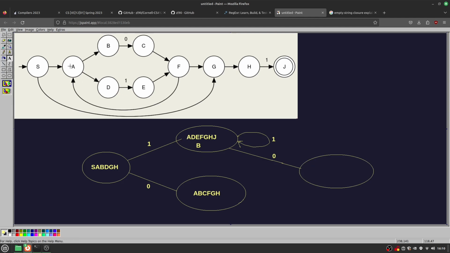From A, we can get to A, B, and D. We can get to C, F, back to A. We can also get to G and H.